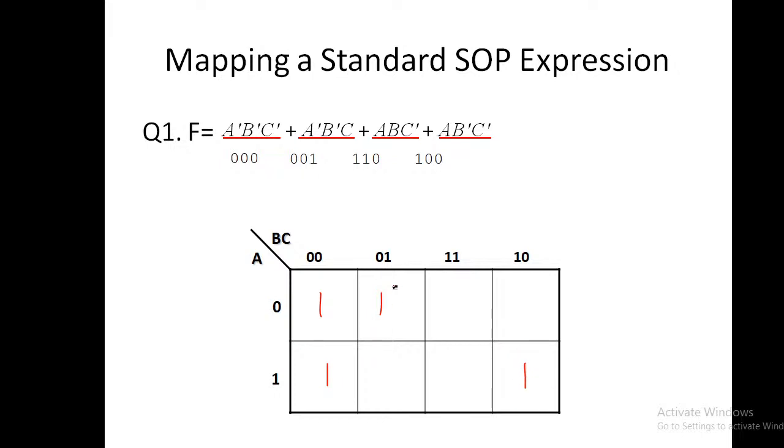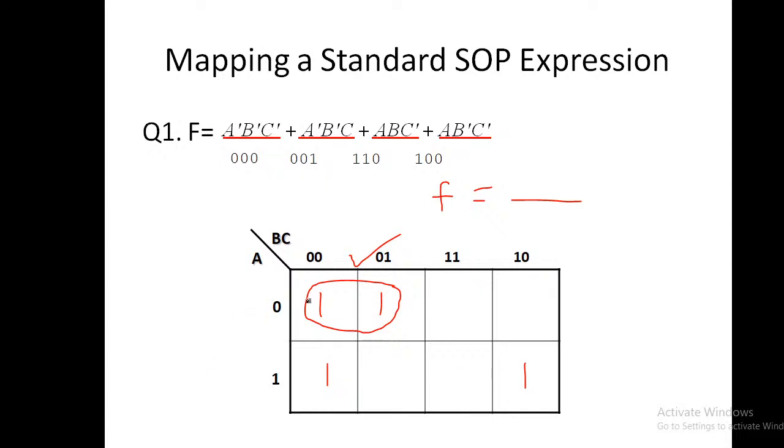So what can I do? You take these two ones, okay? You take these two ones, and the reduced function that you are going to make out of this function will have a term due to this pair, okay? Still how many ones are remaining? Still 2 ones are remaining, okay?